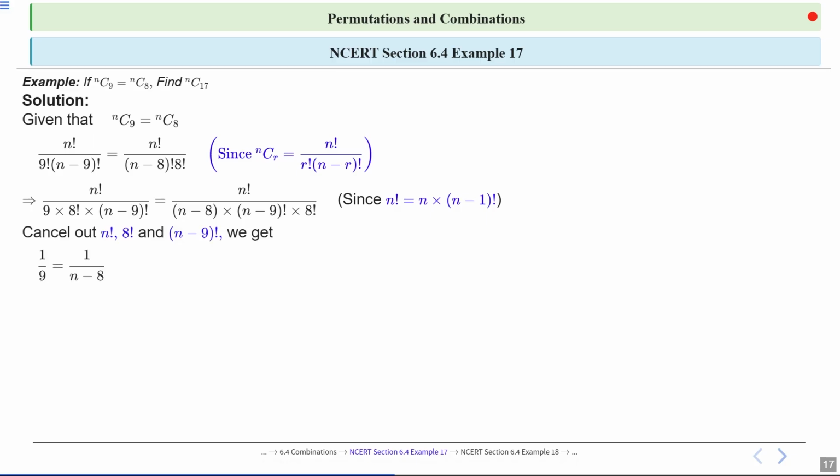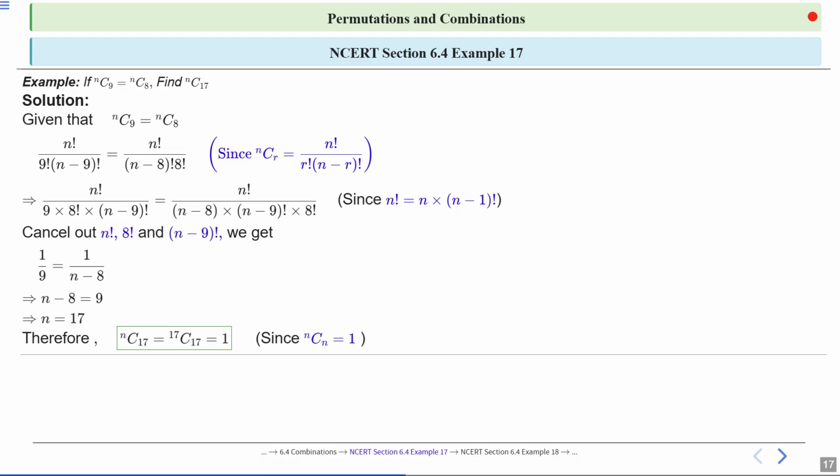Cancel out n factorial and (n minus 9) factorial, we get 1 by 9 equal to 1 by (n minus 8), and it implies n minus 8 equals 9. It implies n equals 17.